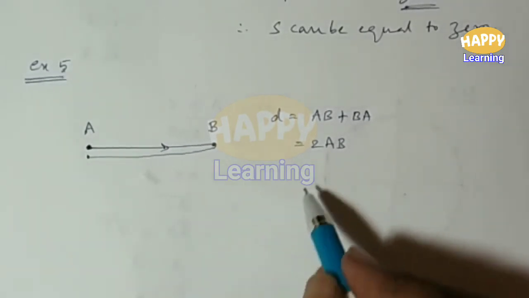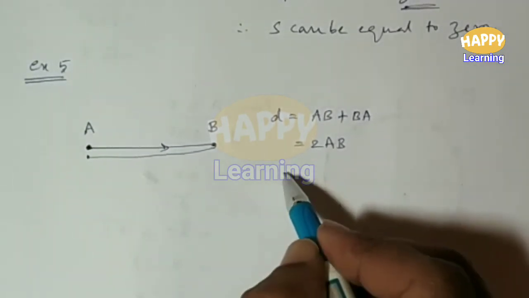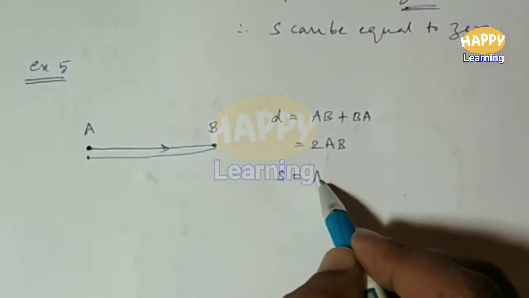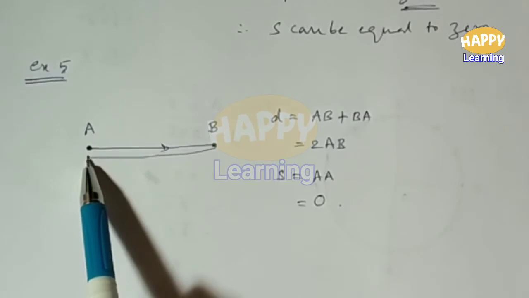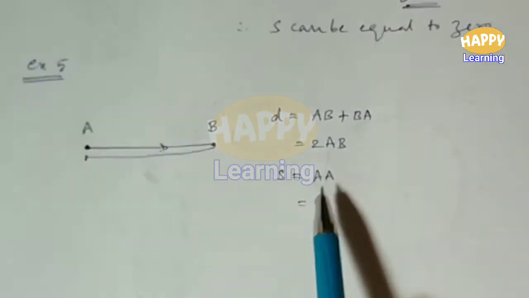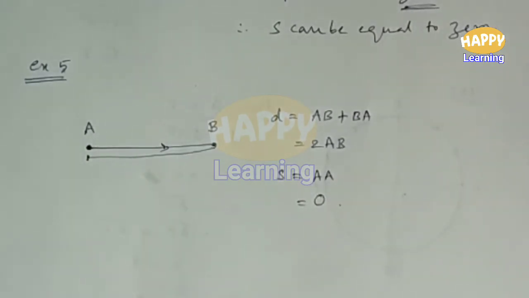Whereas displacement S is equal to starting point A, final point A, distance from A to A is equal to 0. So here displacement is equal to 0.